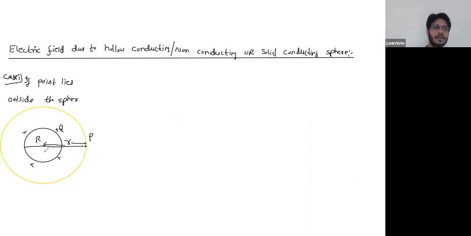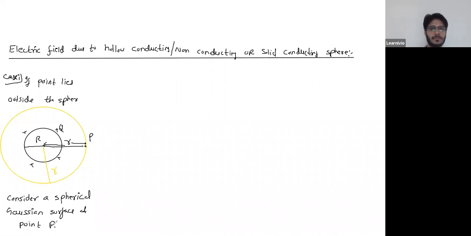This in yellow color is my Gaussian surface. So at the point P, we have considered a spherical Gaussian surface.